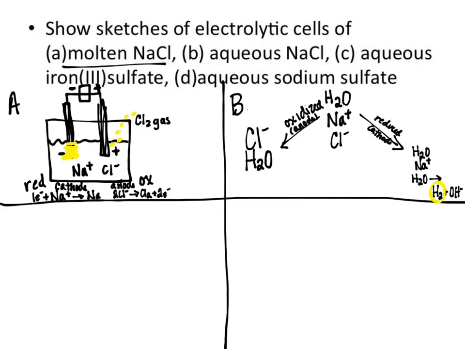Chlorine doesn't fall into that polyatomic or that group 1, group 2 section. So let's go ahead and oxidize chlorine. So we get 2 chlorines, that's not 2, chlorine gas and 2 electrons.